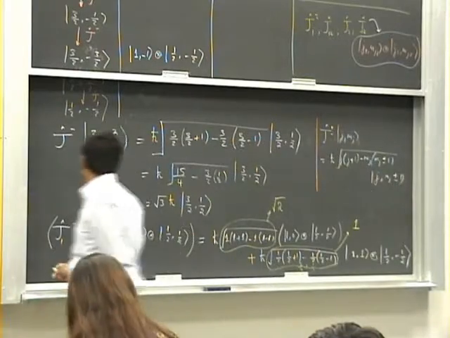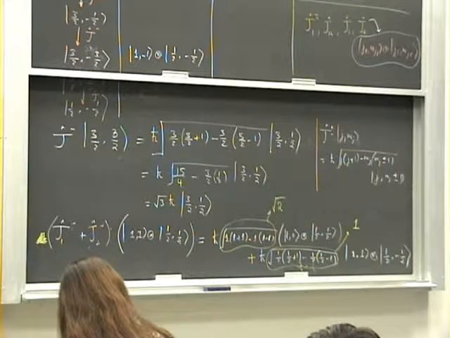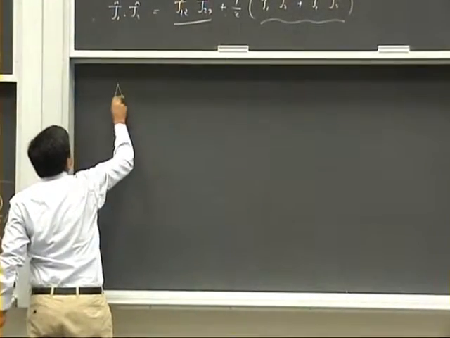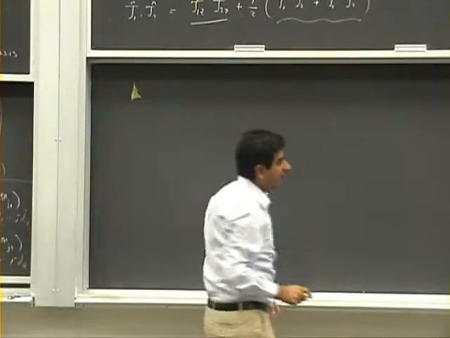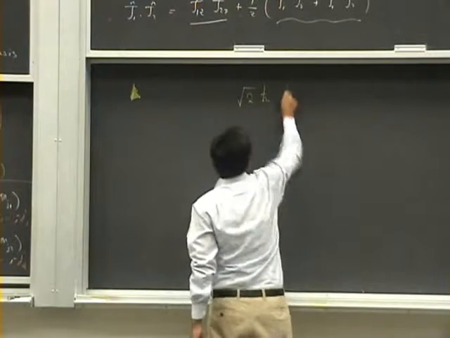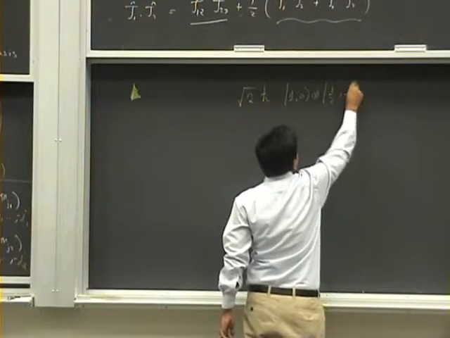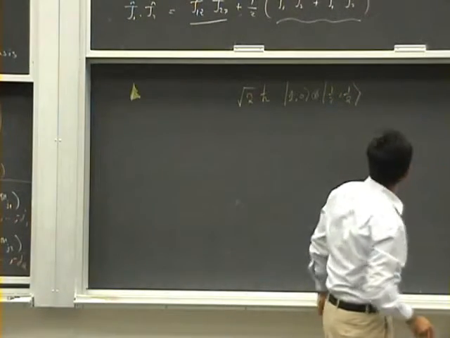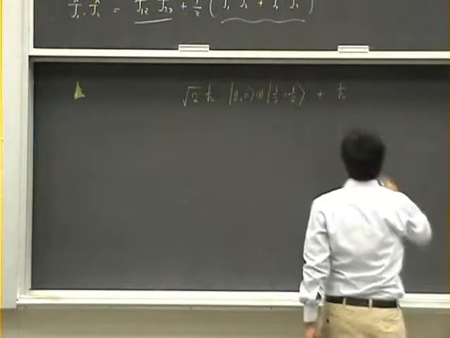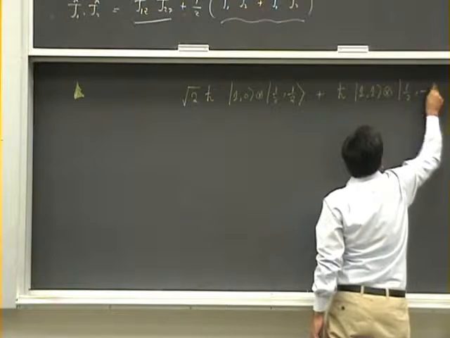So this means that this particular expression that I have put in a triangle sign is really equal to under root 2 H bar, 1, 0 crossed with half, plus under root H bar, 1, 1 crossed with half, minus half.